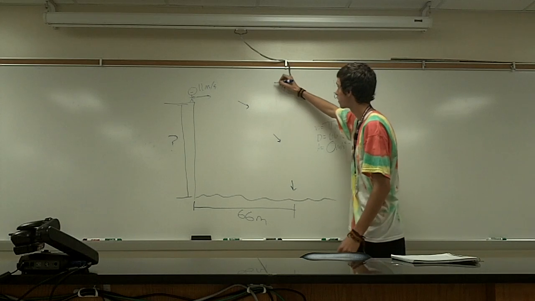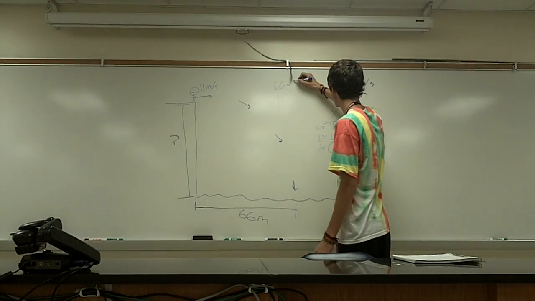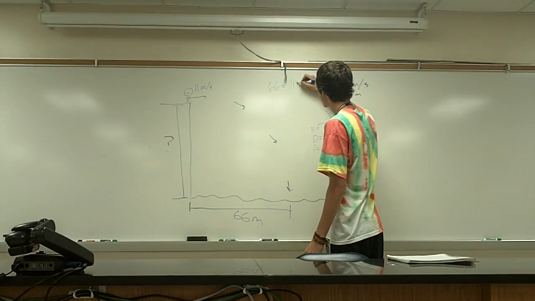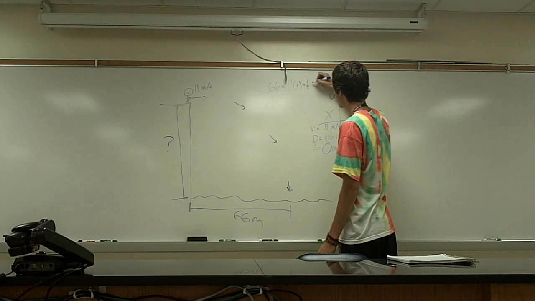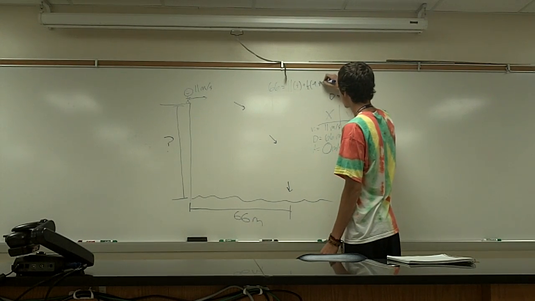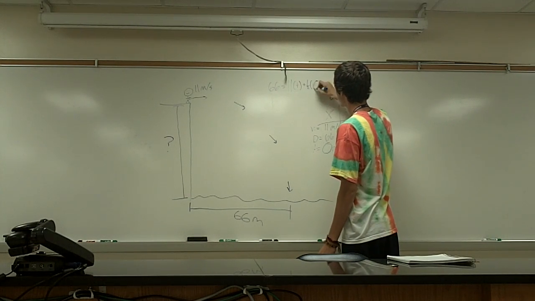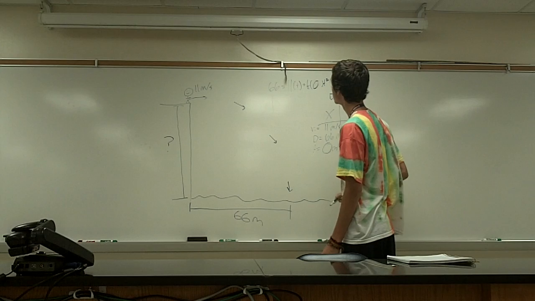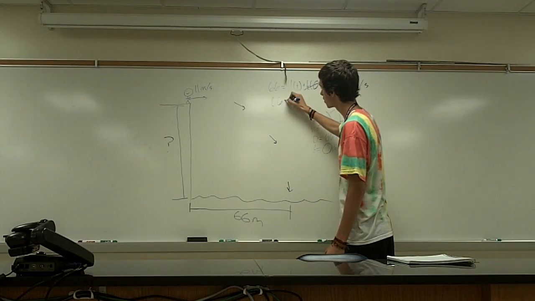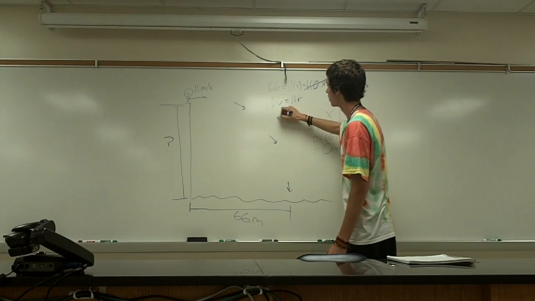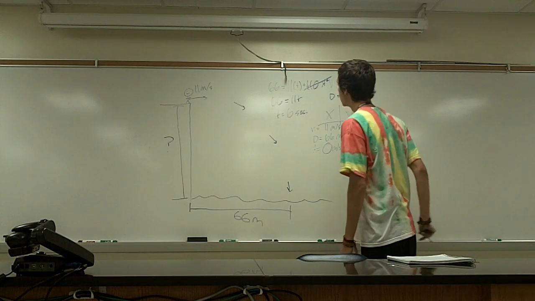So we have 66 equals initial velocity 11 times time plus 1/2 times 0 t squared. Oh, no, just kidding, that's y. Since we know this acceleration is 0, this whole thing just cancels out, so we have 66 equals 11t. The time for x is 6 seconds.